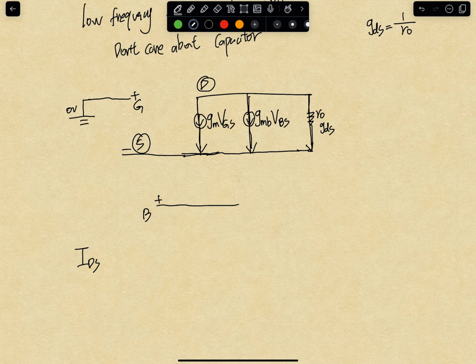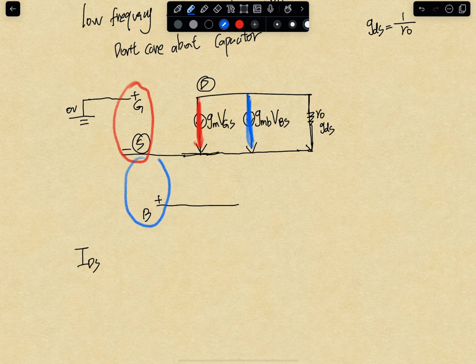The gm VGS current source means that because of this voltage VGS, we have this current. The gmb current means that because of the voltage VBS, we have this current. And this current means that because of the voltage across D and S, we have this current.